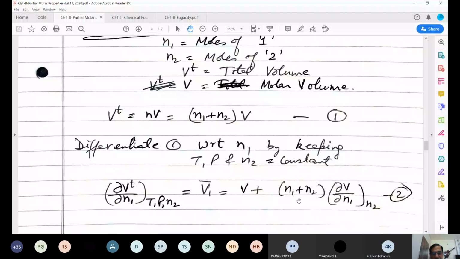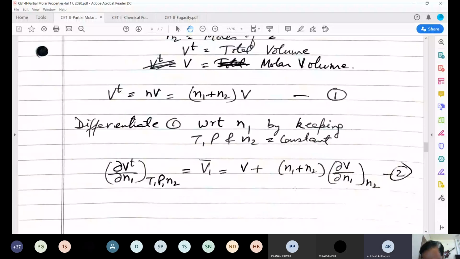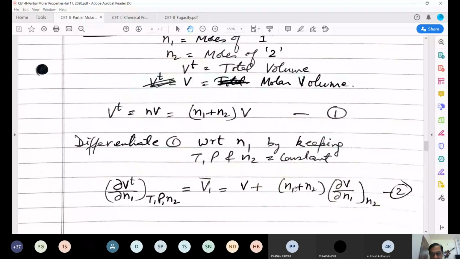Sir, hello. Yes, sir, could you show the diagram graph again? Diagram we will come back to later; for now let's do the derivation, because you will understand the diagram better after the derivation. I showed you the diagram before, but to understand why it is V1 bar and why it is V2 bar, we have to see the derivation.